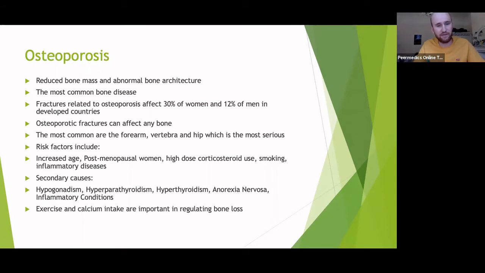Exercise is a huge way of improving and regulating bone loss. You have lots of clever receptors in the bone, and they can sense the weight they're put under, and that generates remodeling and increased osteoblast activity. But again, calcium's huge as well.